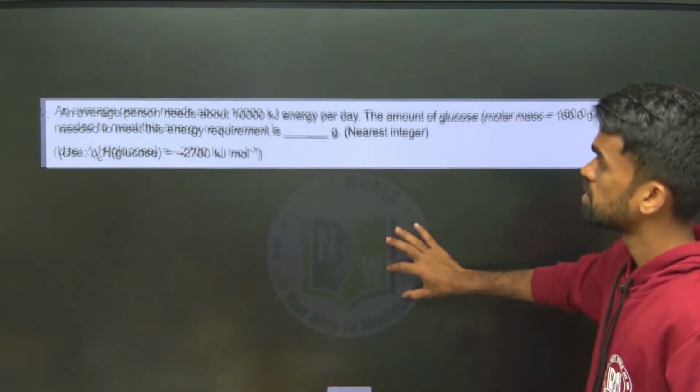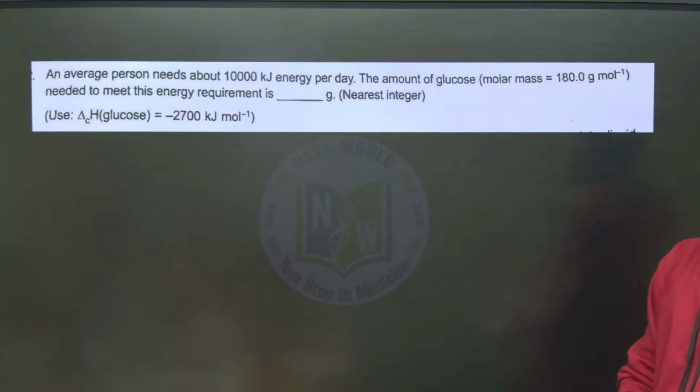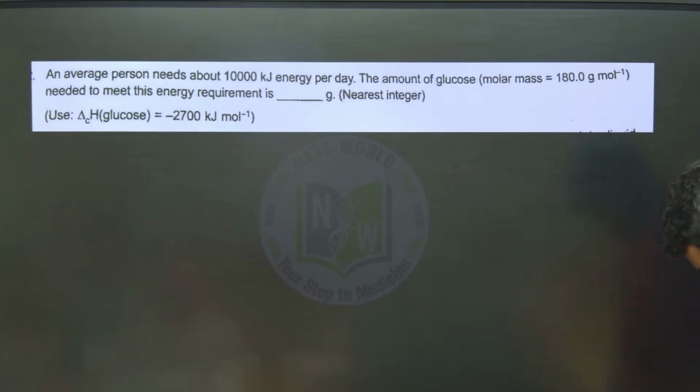What is the amount of glucose an average person needs, energy required nearest. Try that once.